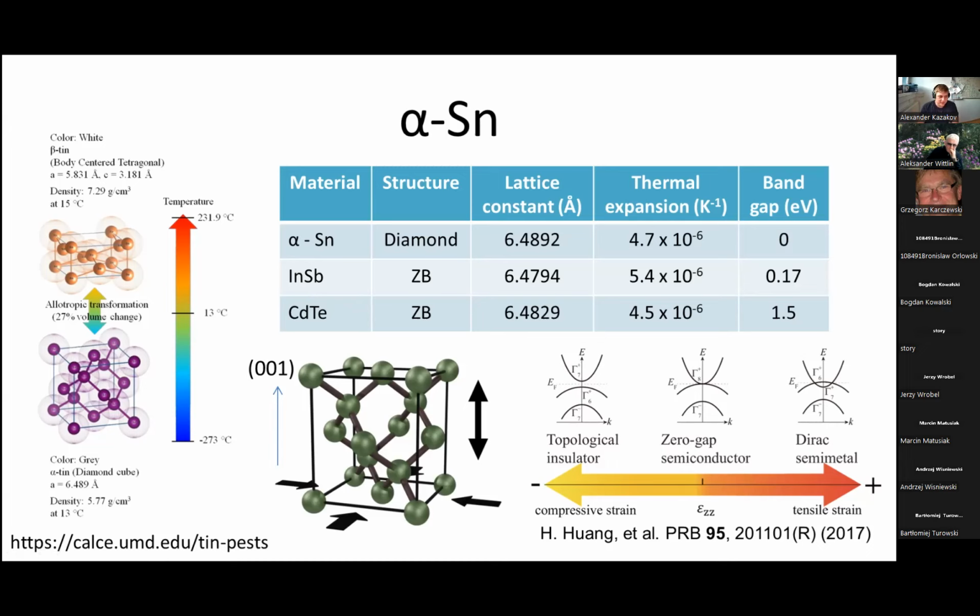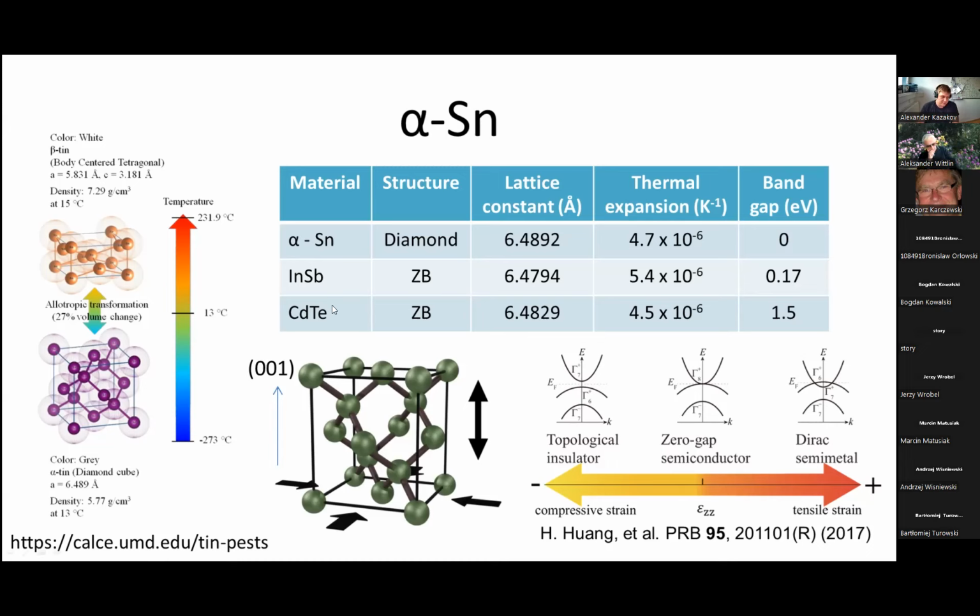What is important here is that more often indium antimonide is used as a substrate for that, but it has quite a high doping. It is also a narrow gap semiconductor. So in transport experiments, it usually makes some parallel conductance. So for transport measurements, it is relatively not a very convenient substrate.